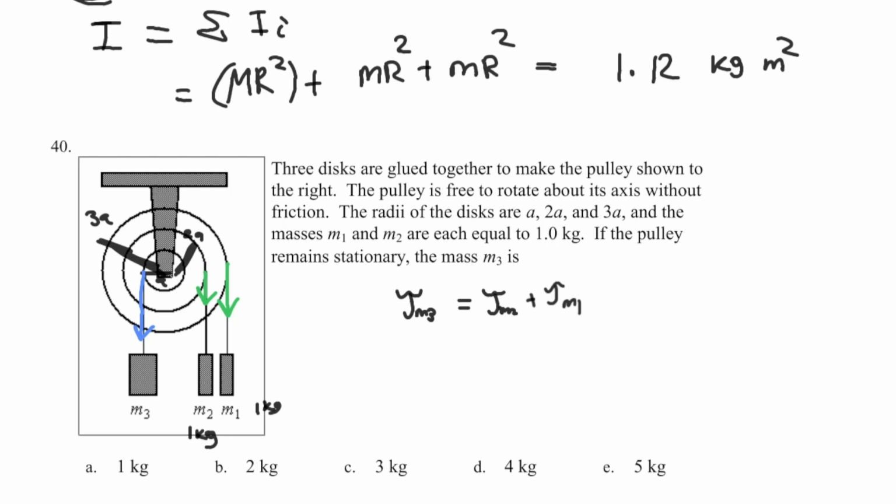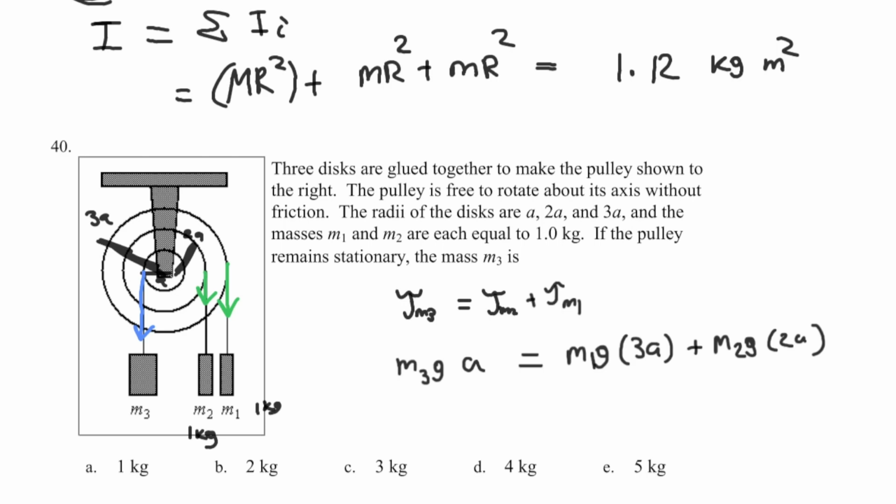So for M3, that torque is M3G times the distance at which it acts, and that's in the inner pulley, so that's just going to be A. And then M1G acts on the farthest pulley, so that's actually going to be 3A. And then the M2G acts at the middle pulley, so that's 2A.